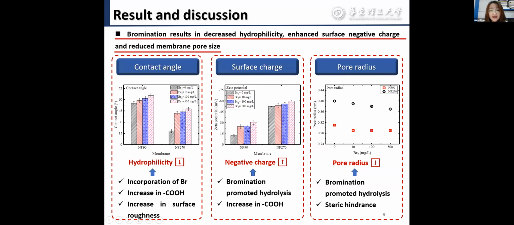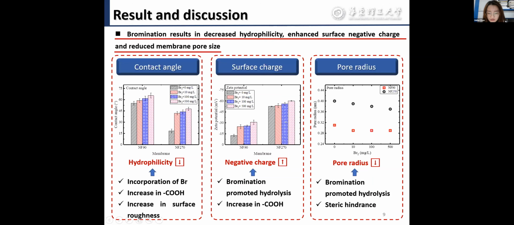The NF90 became more negatively charged after it was exposed to bromine solutions, which is mainly attributed to bromination promoted hydrolysis, that is, the increase in carboxylic groups.